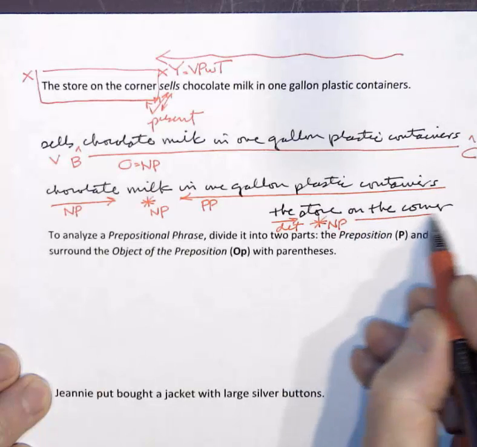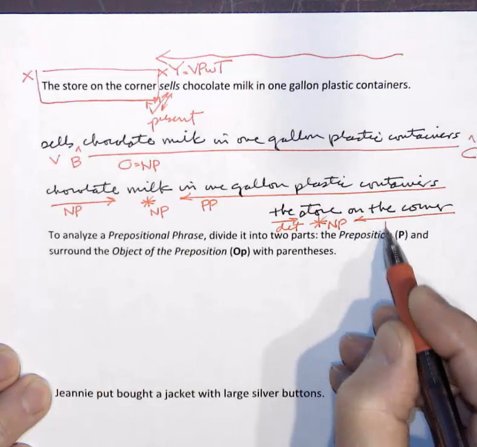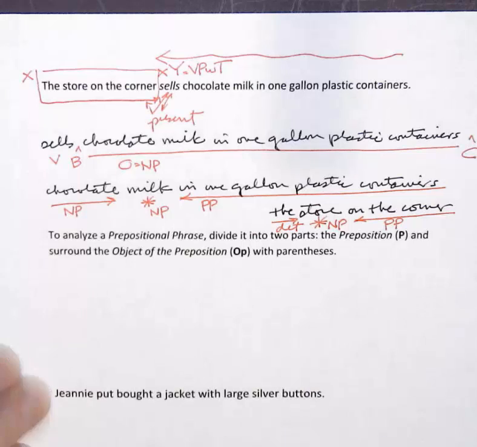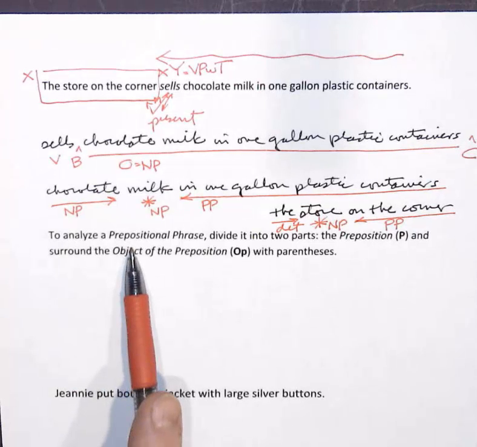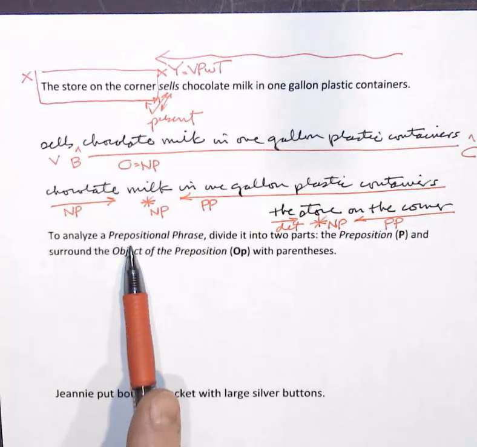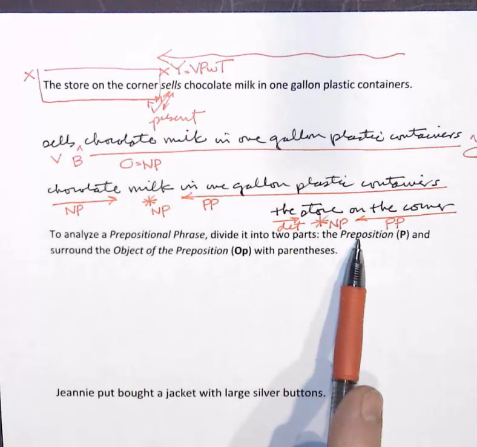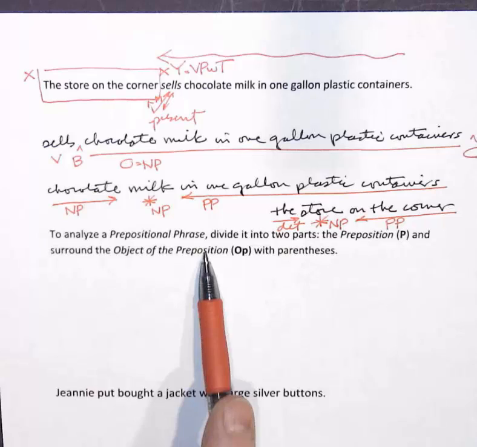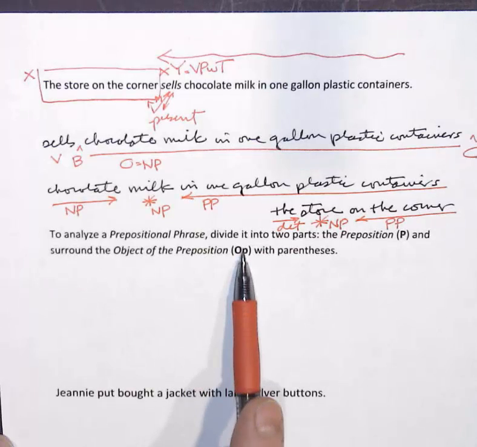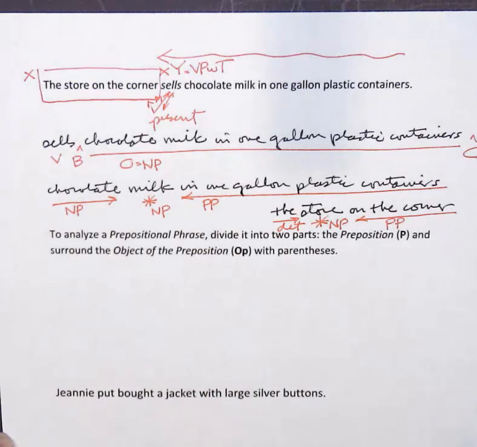And on the corner is a prepositional phrase. All right, now let's take a look. To analyze a prepositional phrase, divide it into two parts, the preposition, and surround the object of the preposition with parentheses. And this is what we'll do.